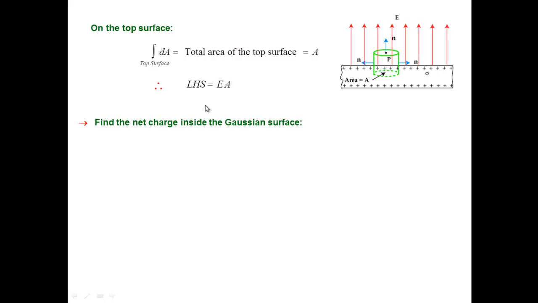Now for the right-hand side of Gauss's law, we just have to find the net charge inside the Gaussian surface. And where will there be charge? There will be charge where that Gaussian surface intersects the conducting slab. Now we know that the charge on the conducting slab is all on its surface.